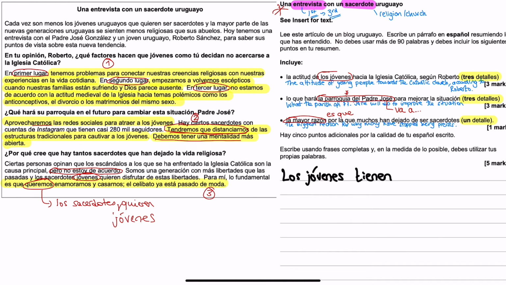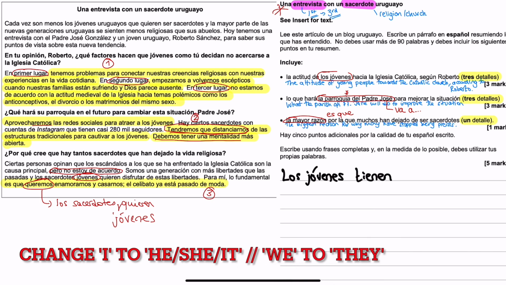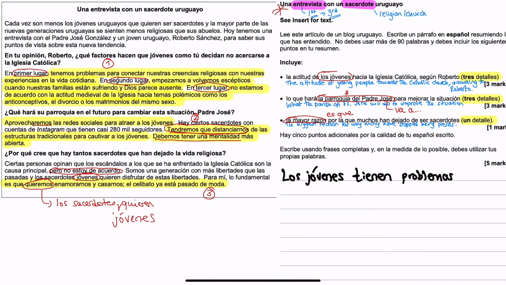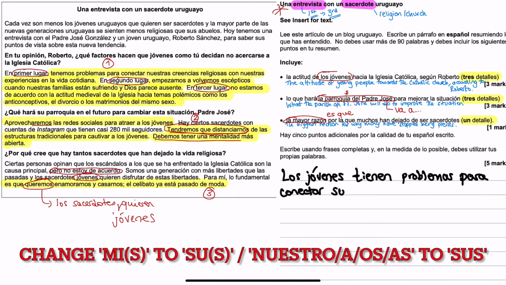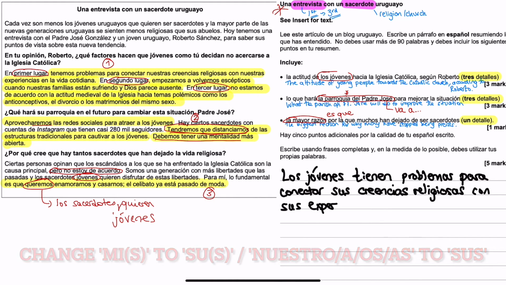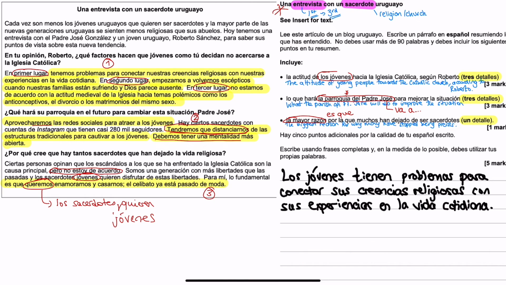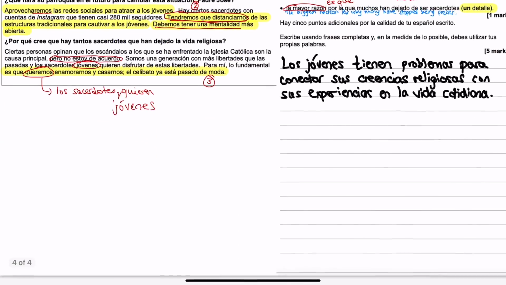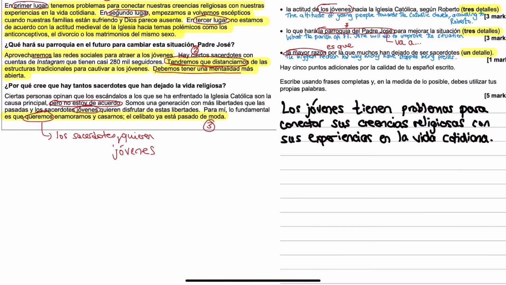So first thing I've done is, if we look at the text, it's got "tenemos". I can't lift that, I'm talking about young people, so I'm going to have to say "they have". And again, that "nuestras", I'm going to have to change to "sus". So there's my first point, but that's only one detail. I need to give a few more details than that. So look at this expression here, "empezamos a volvernos". This is important.